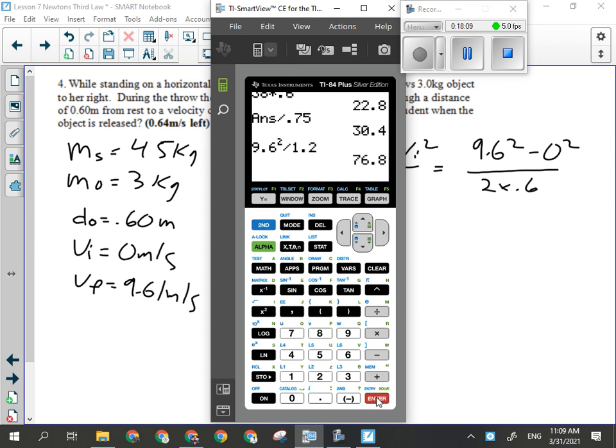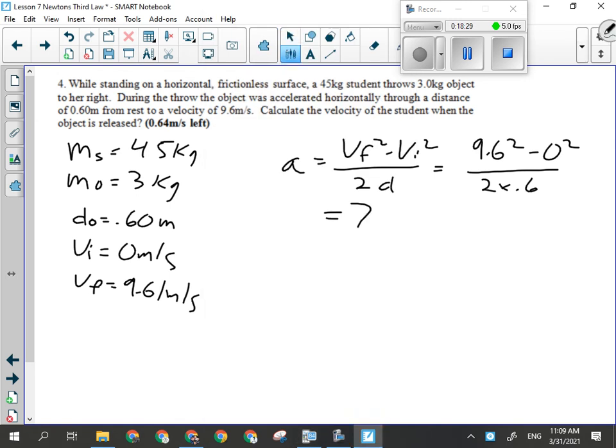The acceleration of the object is 76.8 meters per second squared, which is really big, but it's a small object, I guess. I might have just made numbers up and got strange numbers. So there's my acceleration, 76.8 meters per second squared.